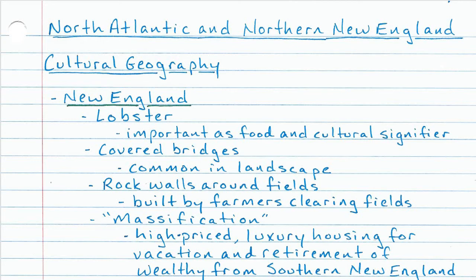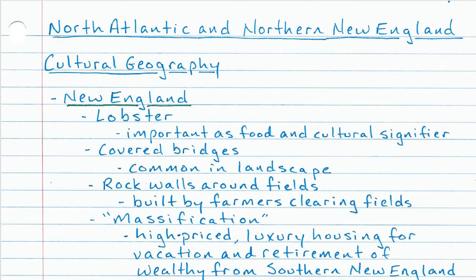Another idea that we want to pay attention to here in New England is this idea of massification. The idea here is that New England is somewhat being invaded by wealthy people from Massachusetts. That's where massification comes from.